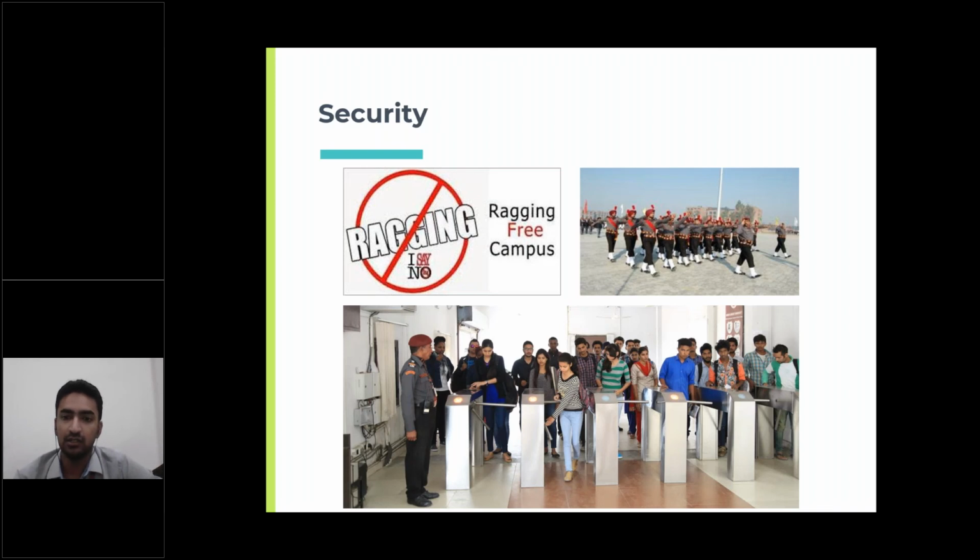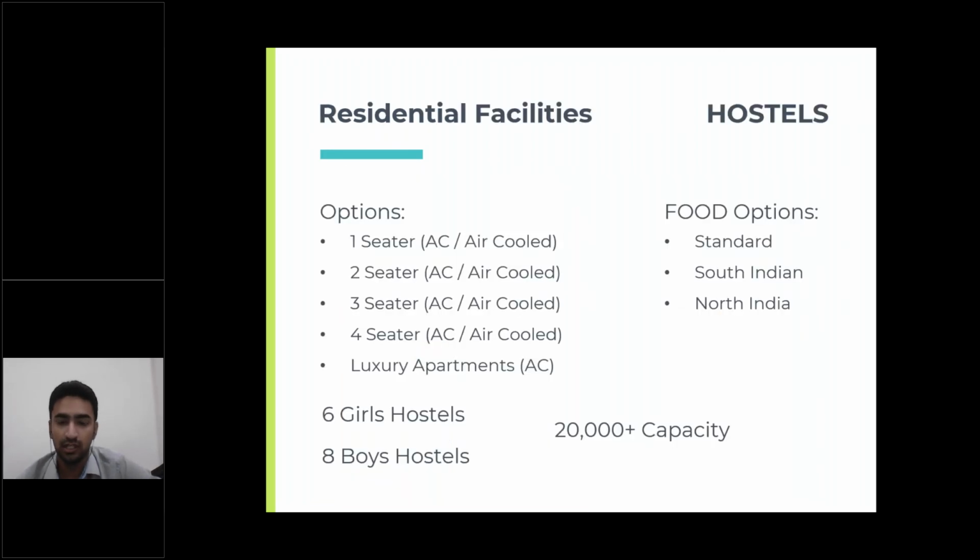Apart from that, 24/7 security is provided to all the hostellers, and we have 1-seater, 2-seater, 3-seater, and 4-seater hostels with AC and air-cooled facilities. We have 6 girls' and 8 boys' hostels with a capacity of 20,000 plus, and different food options such as a South Indian mess as well as a North Indian mess. These are the facilities that we are providing to the students as per the infrastructure part.